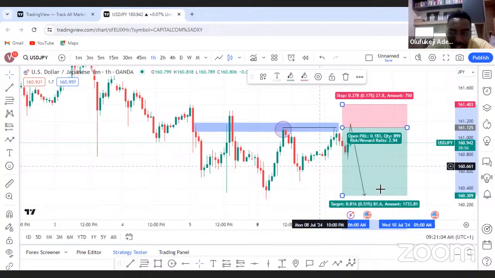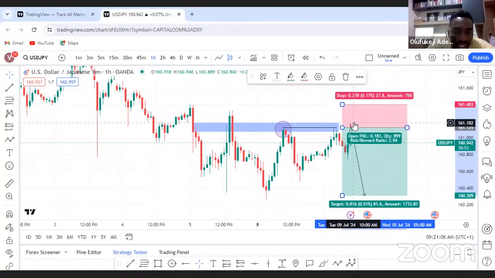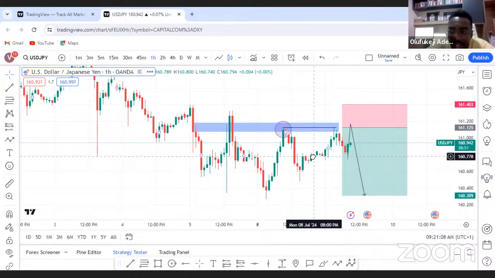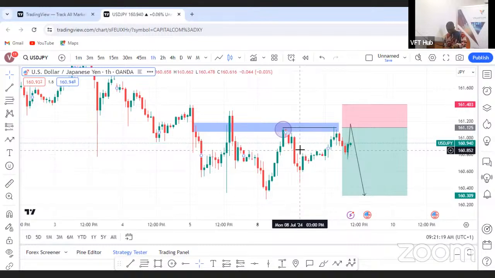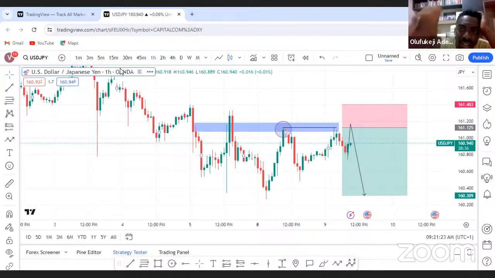The problem with that particular trade is it's going against sentiment, because dollar is supposed to be stronger than yen. Yes. So that's the only thing. But those are the levels one is looking at.